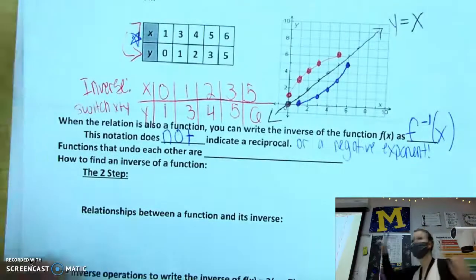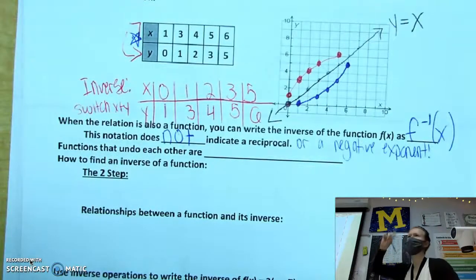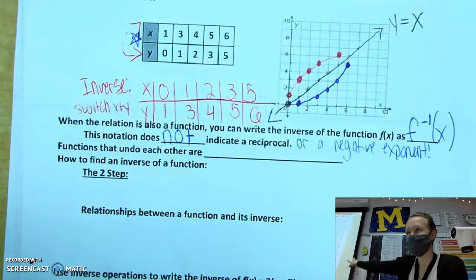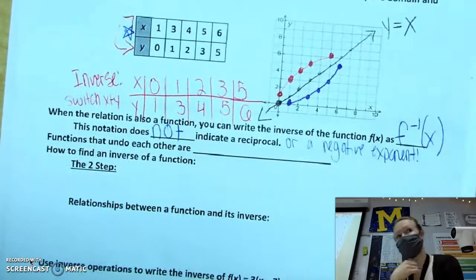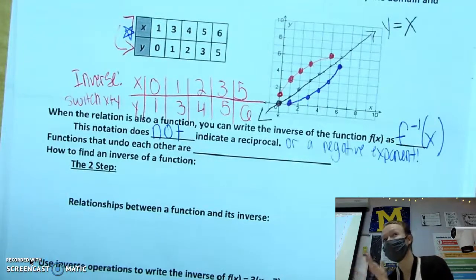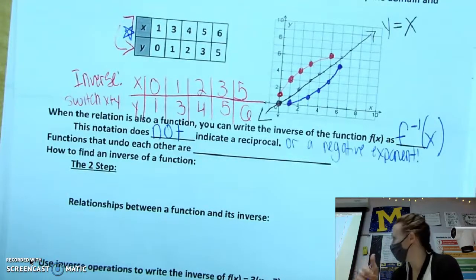So that negative 1 is really not f to the negative first power of x. This is literally read the inverse of f of x. It's just a weird notation to indicate the inverse, okay?